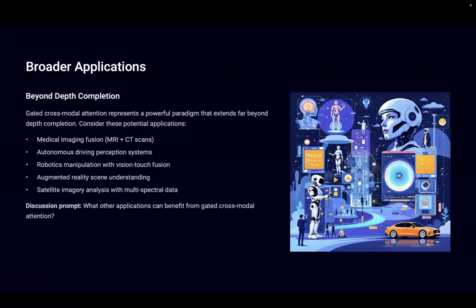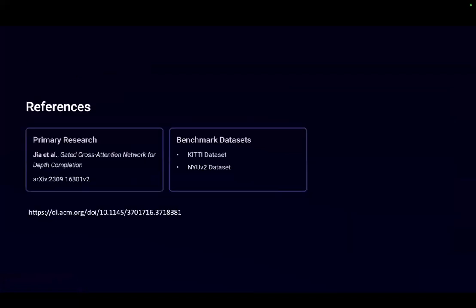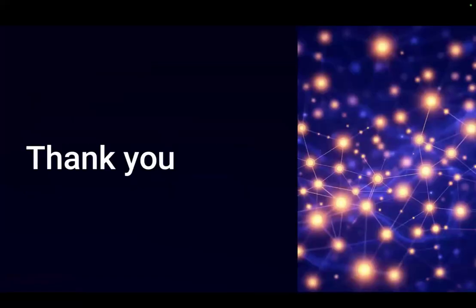You can control those parameters. Applications include autonomous driving, perception, robotics, augmented reality, satellite imaging, etc. These are some references, the data and the research paper. That's all for today. Thank you so much.